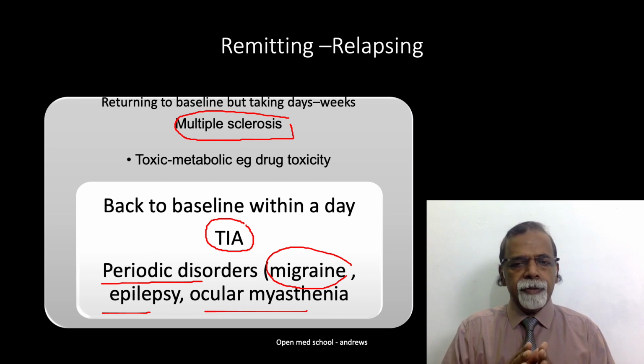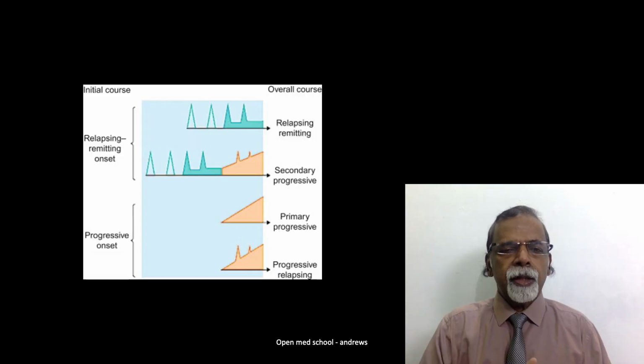So remitting and relapsing is typically seen in demyelinating illness like multiple sclerosis, but this sort of presentation can occur in other conditions which we have discussed. So this is the time course which usually we describe, that is abrupt onset, one episode occurs, completely recovers, again another episode. So this is remitting and relapsing.